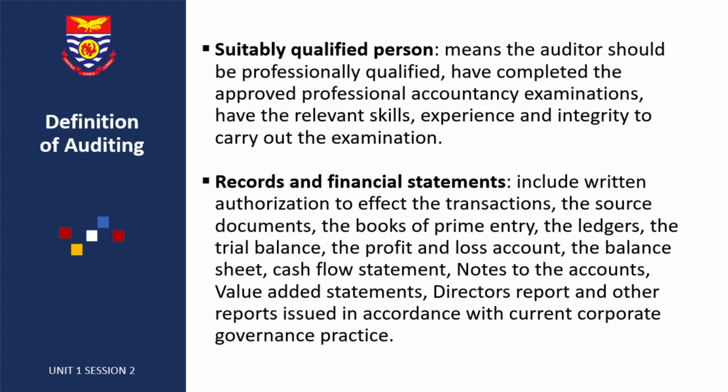Another term is records and financial statement. These include written authorization to effect the transactions, the source documents, the books of prime entry, the ledgers, the trial balance, the profit or loss account, the balance sheet known as the statement of financial position, the cash flow statement, notes to the accounts, value added statement, director's report, and other reports issued in accordance with current corporate governance practice.